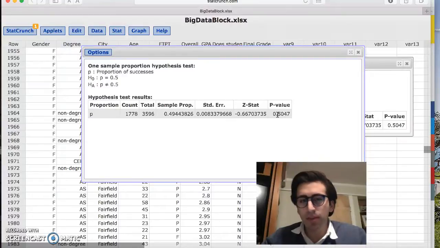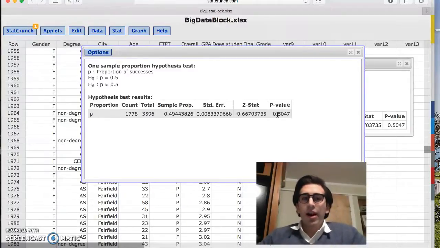Anything under 0.05 would indicate that there is a huge difference between the hypotheses. Therefore, in my conclusion, I have to agree with the null hypothesis that 50% of the students are from Bridgeport, just because the evidence does not strongly tell us otherwise.